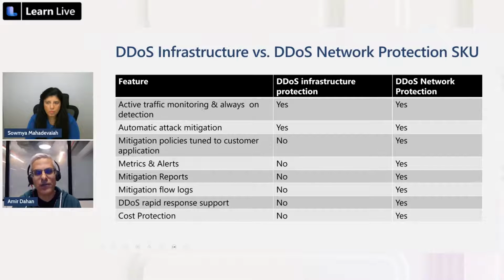As you can see here, Azure DDoS infrastructure protection essentially provides automated monitoring of traffic, detection of attack, and automatic mitigation. But customers are not getting any indication of what's happening.